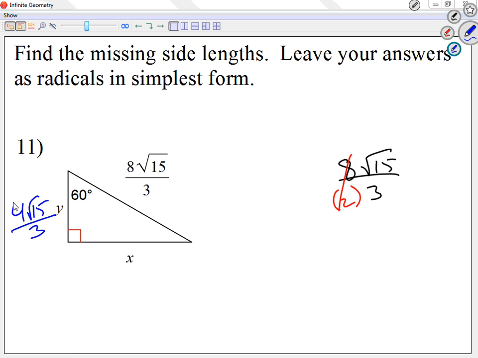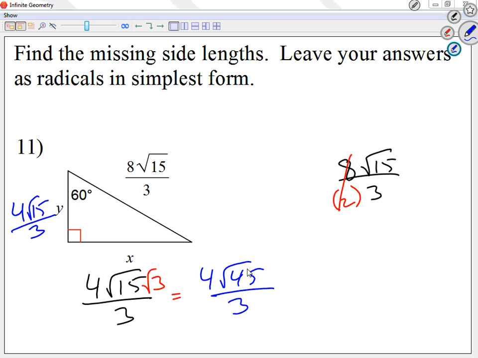No, you have to go through the small side. So now, like I said, we want to start with what we have from the small side. So let me start with 4 radical 15 over 3. In this case, I have to multiply by radical 3. So I have 4 radical 45 over 3. But radical 45 can be simplified.